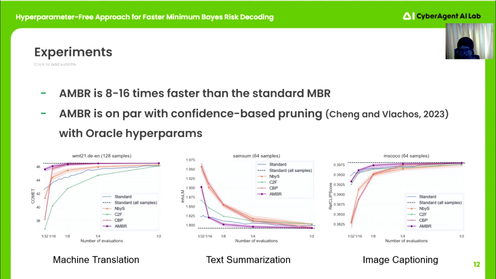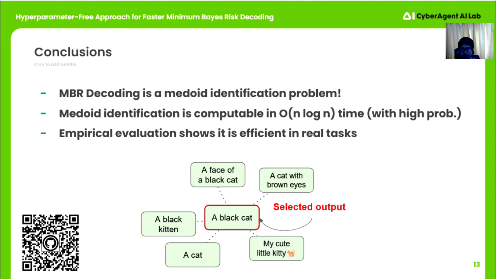We also compared with confidence-based pruning, which got the best paper award at EMNLP, and AMBER was on par with it, even with oracle hyperparameters chosen for CBP. We ran experiments on machine translation, text summarization, and image captioning, and it works in all three domains.